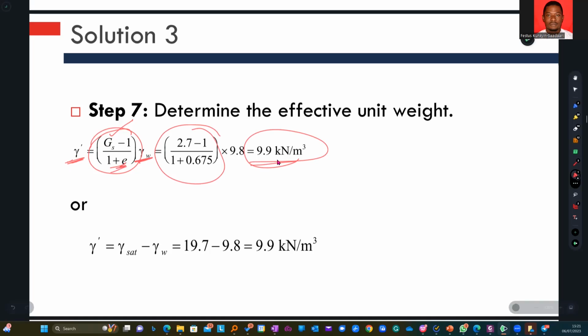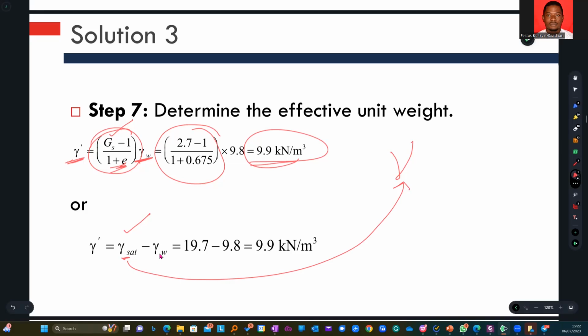Now remember they said that where your sample is saturated, it is the same as the bulk unit weight you computed. So if you have computed your bulk unit weight, then it can be said to be the same as the saturated unit weight, and so your gamma sat.